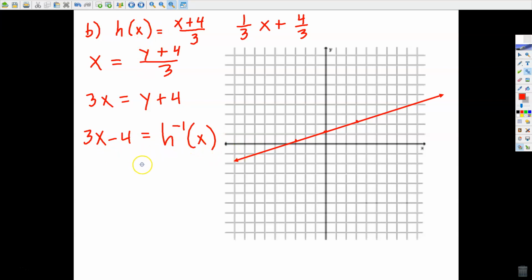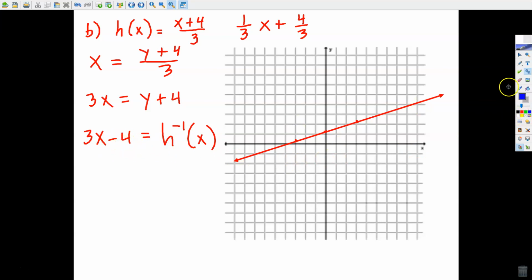And now let's do the inverse. Now these linear inverse functions are easy enough just to start at y-intercept 4, count the slope of 3. But you can also take points off of the red and just switch the coordinates and plot those. In this case, I think it's probably easier, since we're dealing with fractions, just to go ahead and graph this. But I want you to know it works either way.